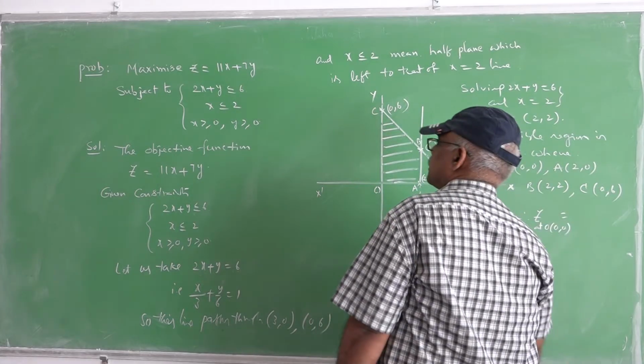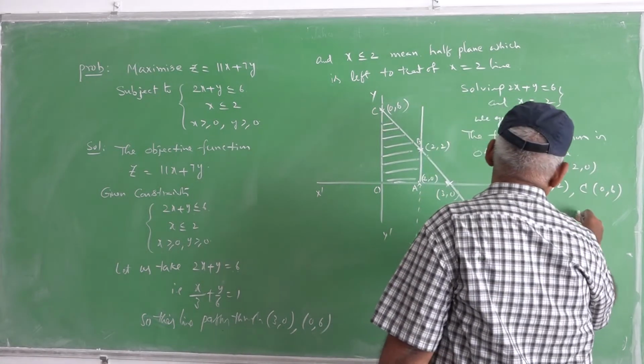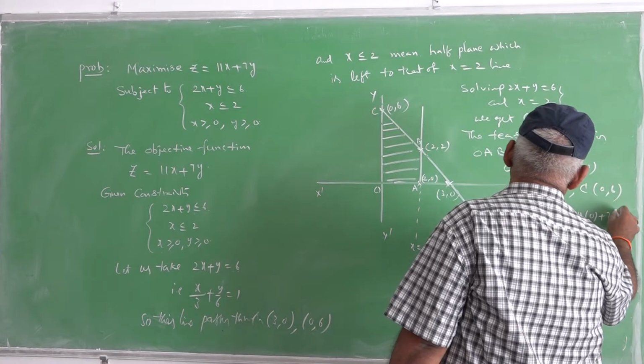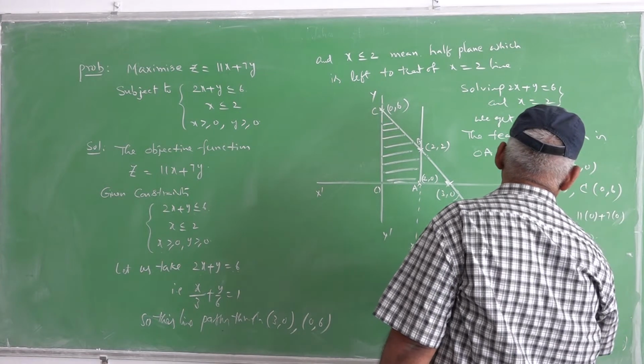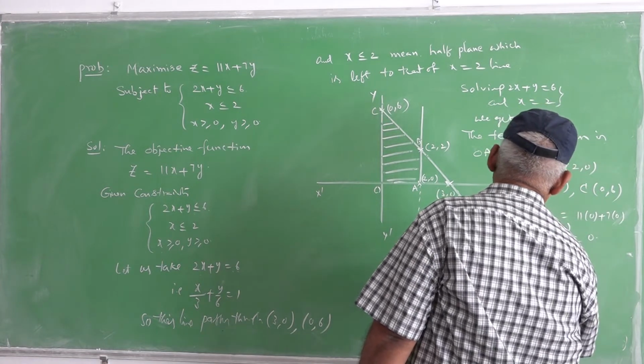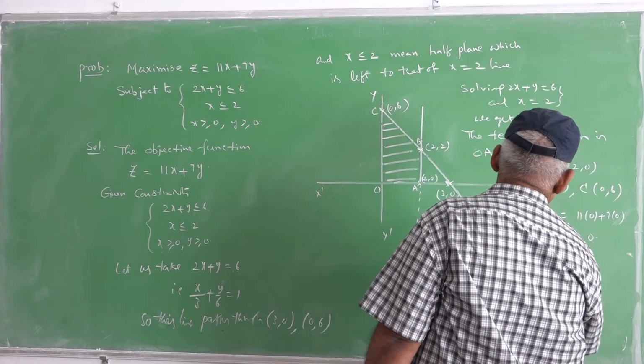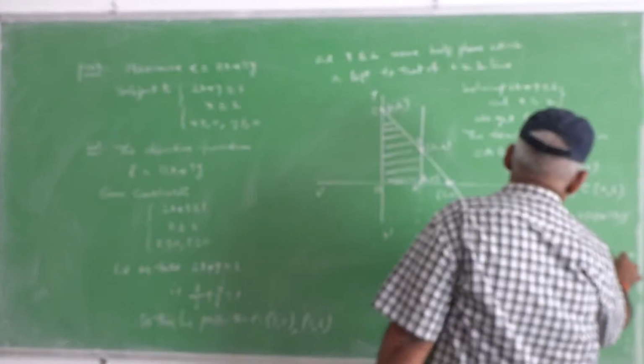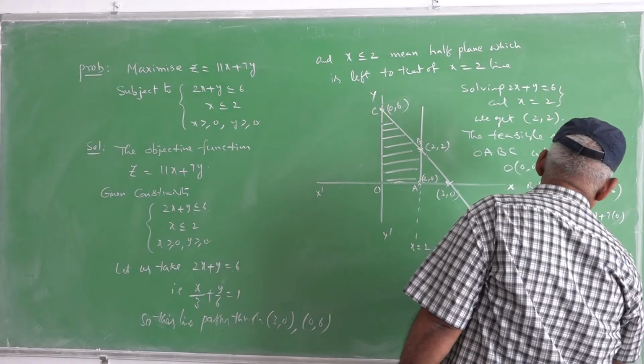Since the feasible region is a closed region, let us observe the values of Z at the corners, at the vertices. Z at 0, 0 is 11 into 0 plus 7 into 0, that is 0. Z at A 2 comma 0, 11 into 2 plus 7 into 0, 22.